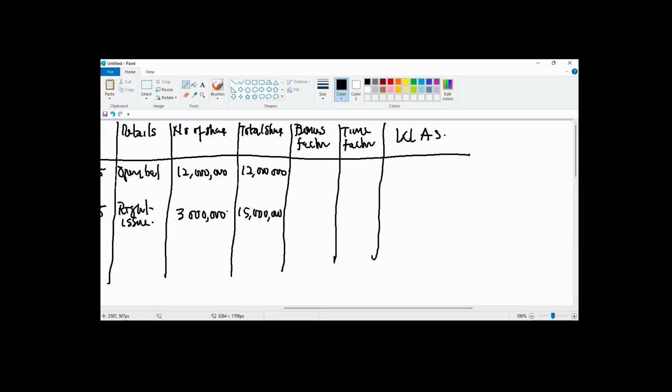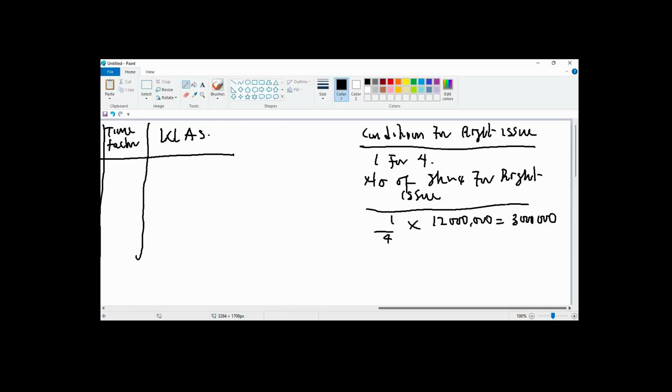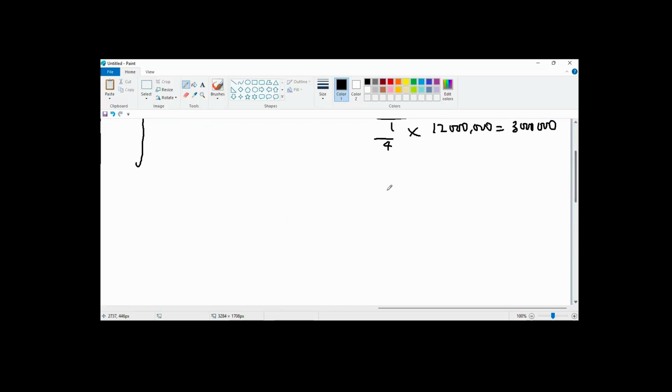Then I need to calculate the bonus factor. What is the bonus factor? It equals the market price per share over the theoretical ex-rights price. The market value of each share immediately before the right issue on 1st April was 15 naira.